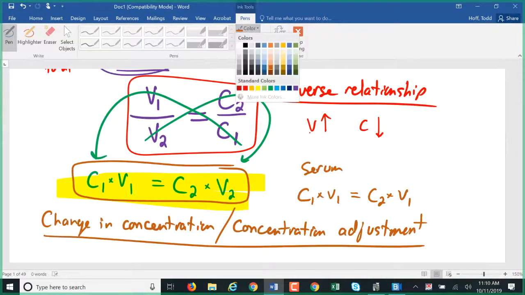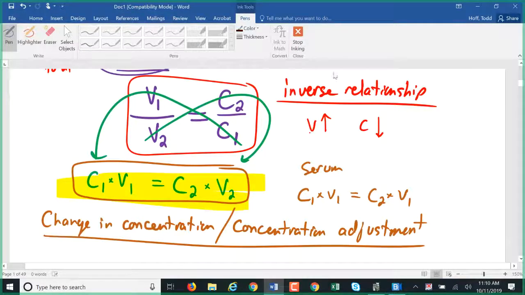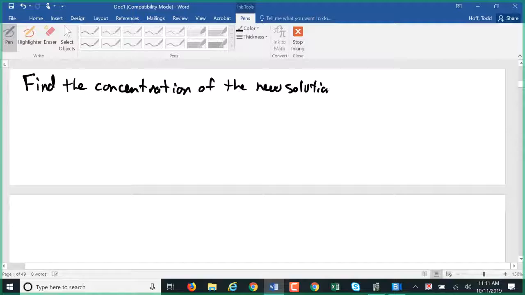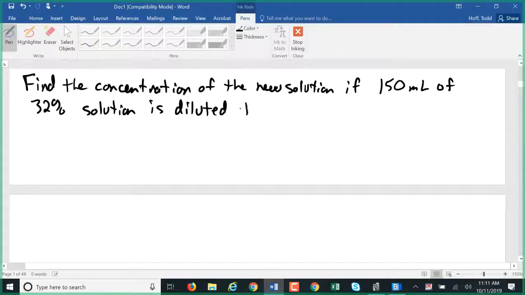So we might ask, find the concentration of the new solution if 150 milliliters of 32% solution is diluted to 400 milliliters.